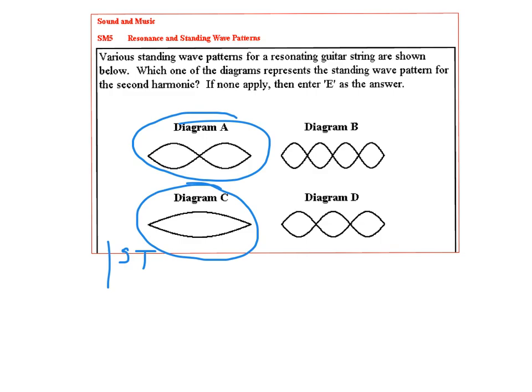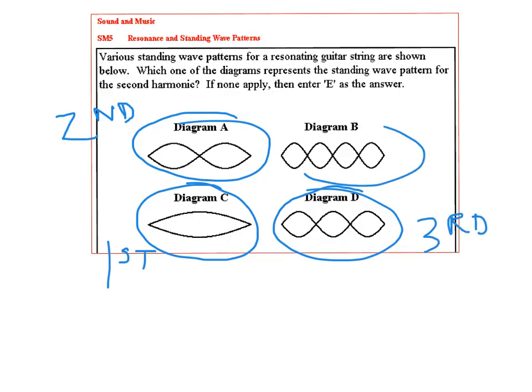So if we could see the string in super slow motion, we would see it vibrating like diagram C, but also a little bit of the second harmonic shown in diagram A. And to a lesser degree, we would see a little bit of this pattern as well in diagram D, that's known as the third harmonic, and then a little bit of the fourth harmonic, and there are even higher harmonics that you could see.